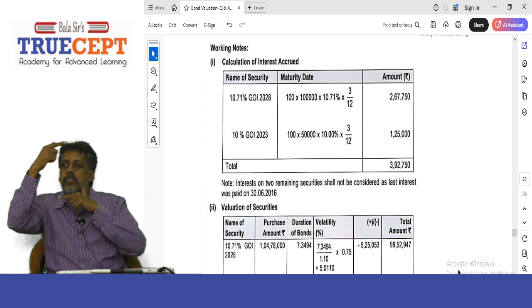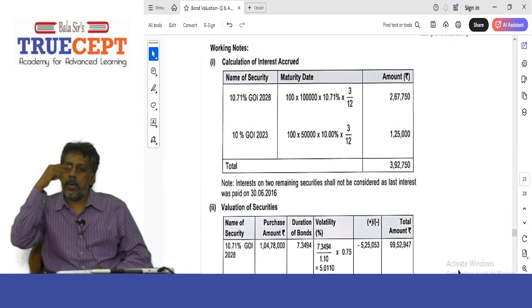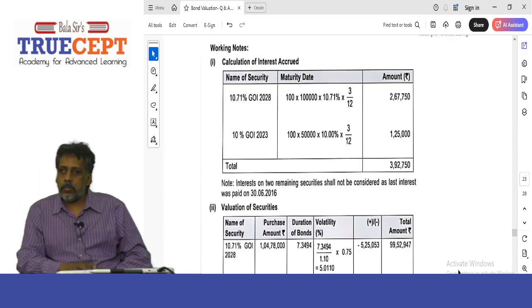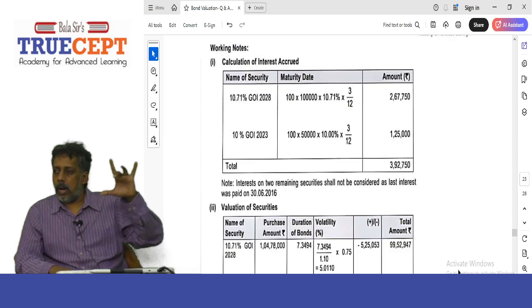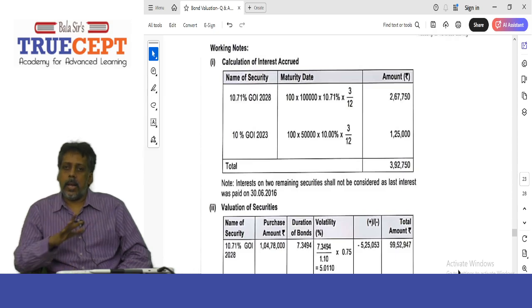So 3 months have gone by. Therefore, into 3 by 12, that is April, May, June interest accrued. How much? It is 1,25,000. Then add both, and that is the total amount of accrued interest, which is an asset, right? 3,92,750. With that, you complete that part.